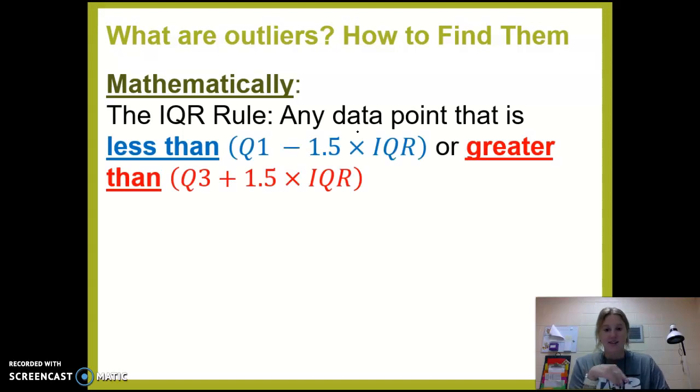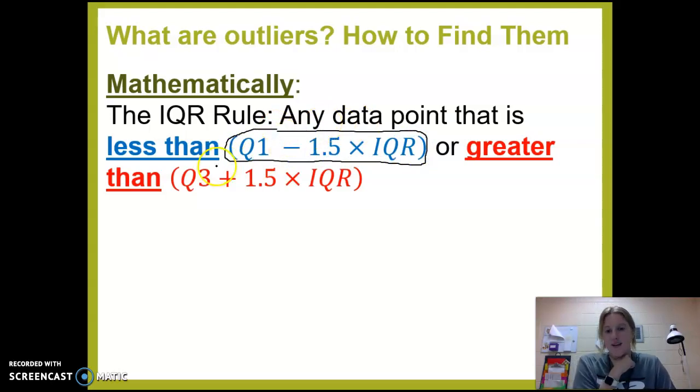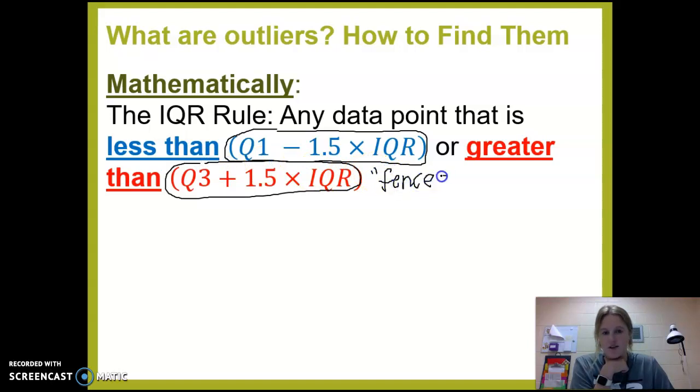If any data point is less than this number, then that's an outlier. If any number is greater than this number, well then that's an outlier. So what these are called are the fences. So you're finding the fences. So you have an upper fence and a lower fence, right?